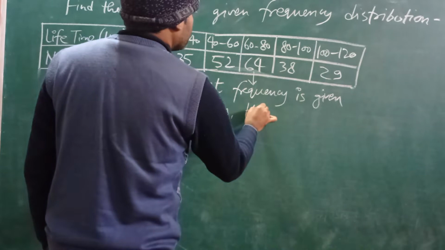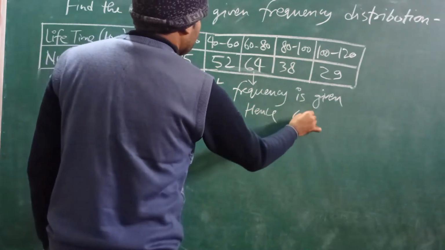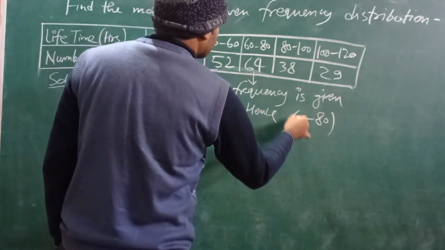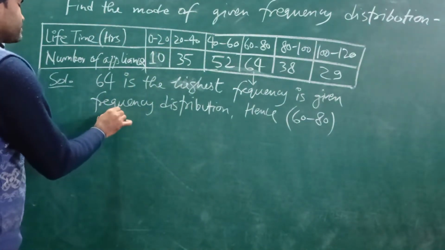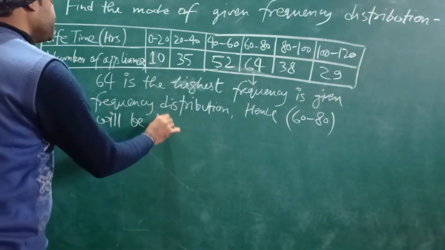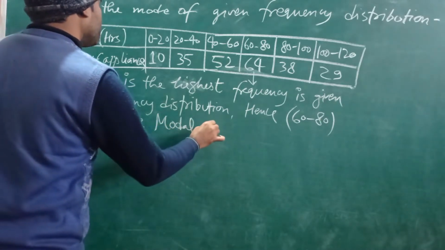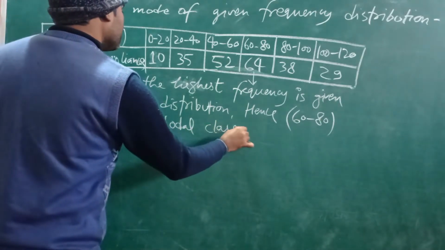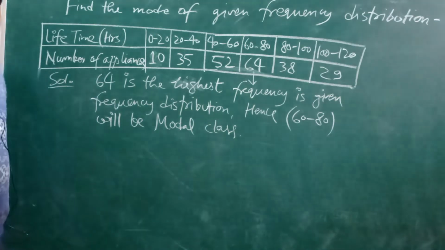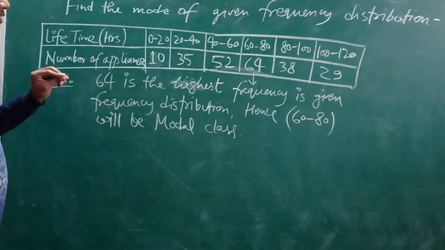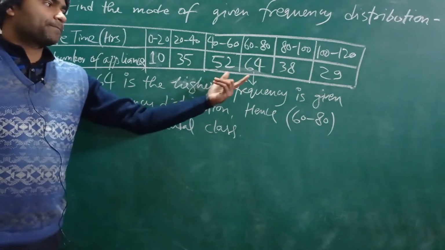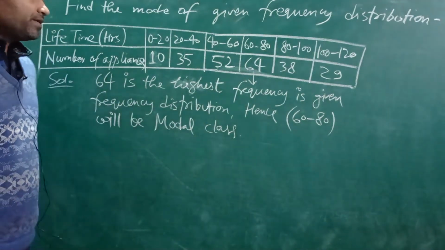Hence 60 to 80 will be the modal class. The class whose frequency is the highest, you will write as the modal class. 60 to 80 is the modal class.